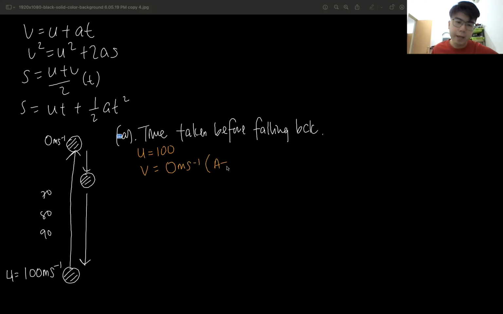This is what we call the turning point. Turning point，它的 velocity 是0。然后我的 acceleration 有给吗？没有给，可是你要知道 acceleration 是，OK，我们拿 gravitational acceleration 10 meter per second square. Again, we already got 3, 1, 2, 3. 我就可以找 time taken t.